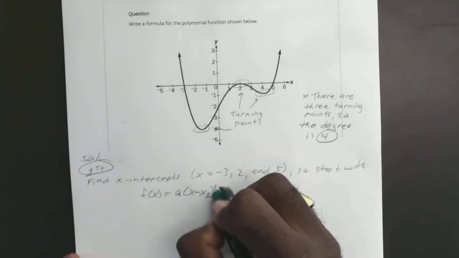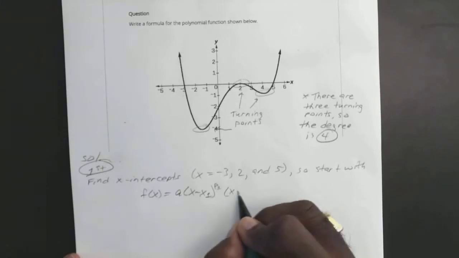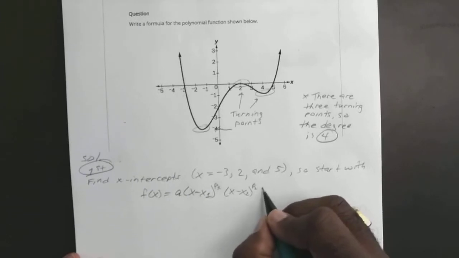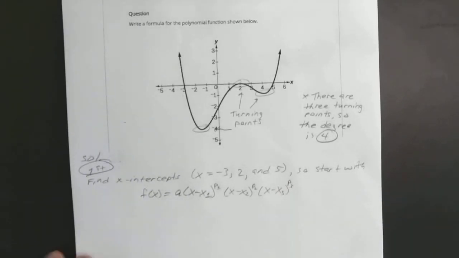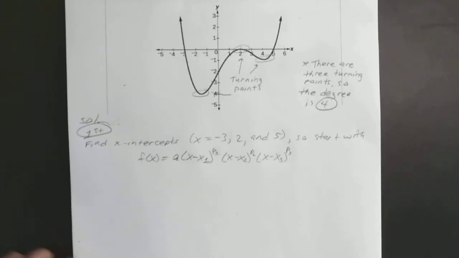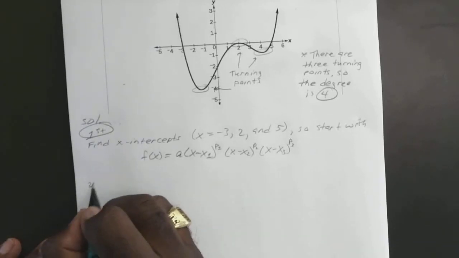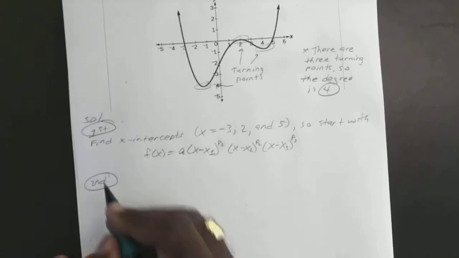So we'll start with f of x equals a times x minus x1 to some power p1, times x minus x2 to some power, times x minus x3 to some power. We don't know just yet what power, but we'll figure that out.